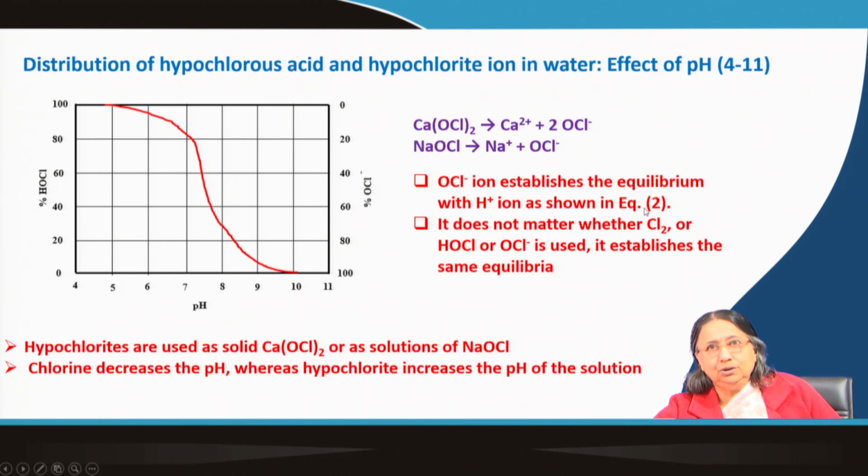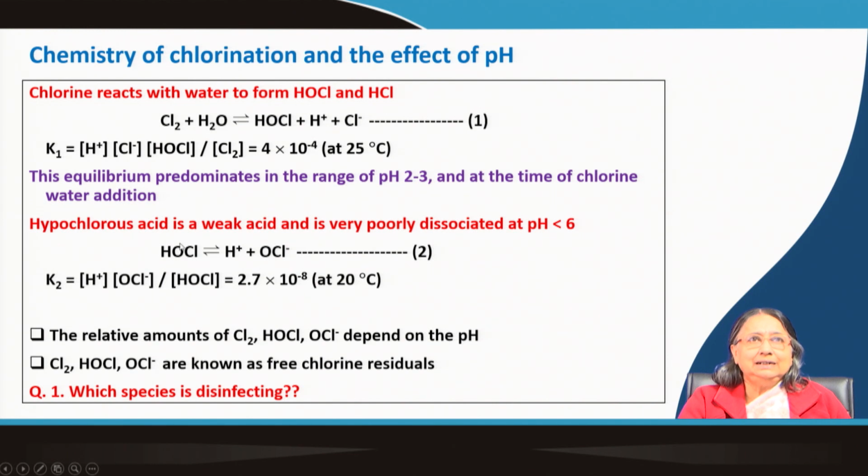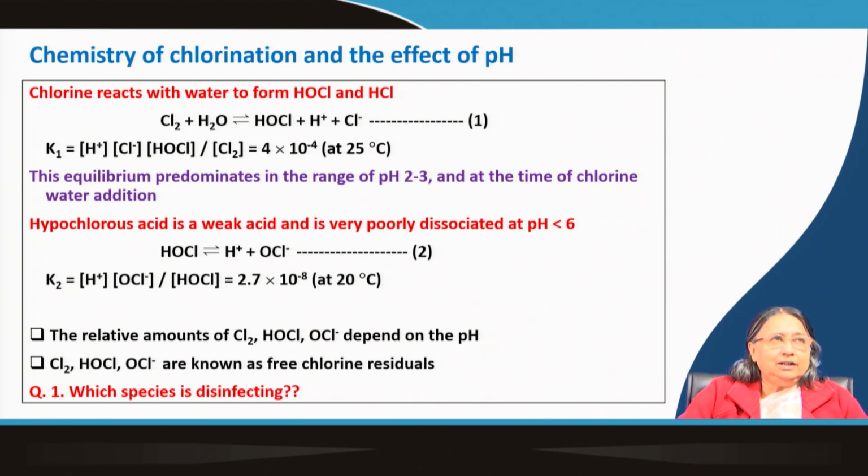Now, OCl minus ion establishes the equilibrium with H plus ion as shown in equilibrium 2. What is equation 2? You can see here that it is an equilibrium. Also you have seen HI. HI is decomposed to hydrogen and iodine. If you combine hydrogen and iodine, then also it will produce the HI. If you allow a reaction to go on in a closed vessel, whether you start from this side or that side, you will get the same composition.